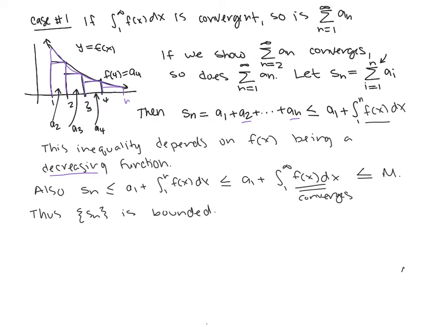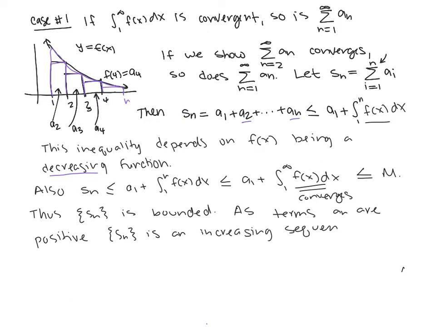And then the other thing is, as the terms a_n are positive, the sequence of partial sums is an increasing sequence. What you have to keep straight there is that S_n is the sum of n things.